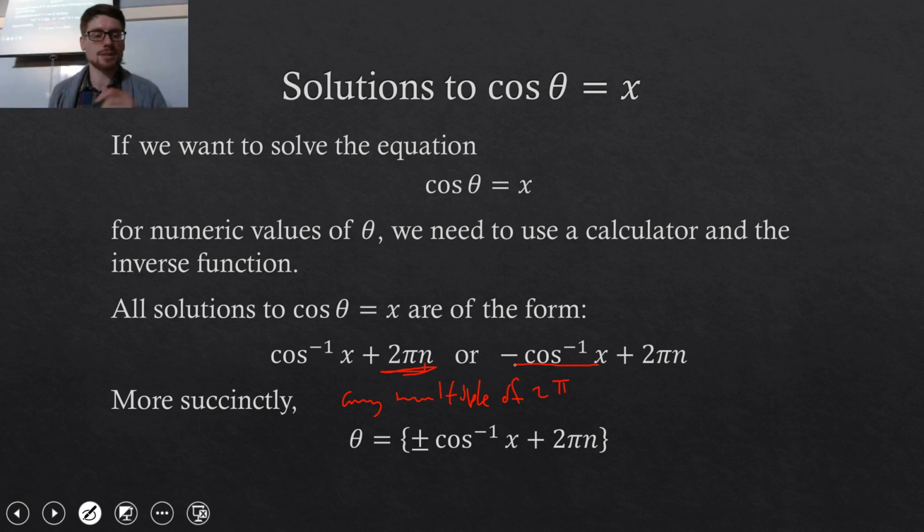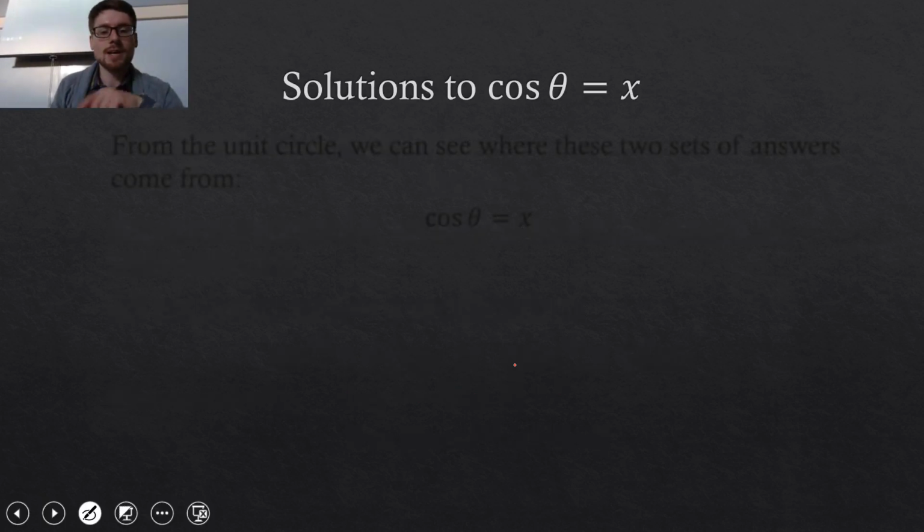So plus or minus cos inverse of x plus 2 pi n gives us all the answers. Okay? Okay, so I'm going to show you the reason for why these two answers appear, and then why those extra multiples show up, why we can have those extra 2 pi n multiples.